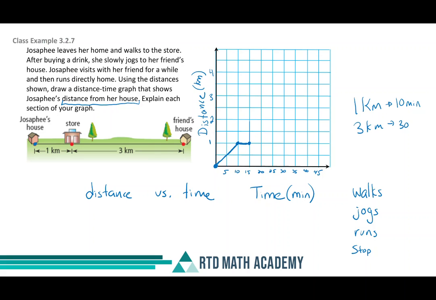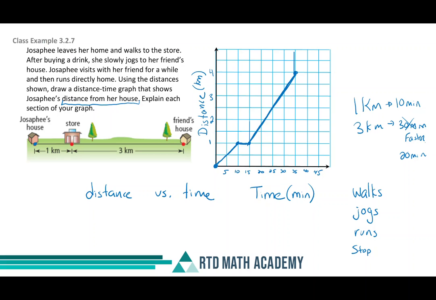It's not going to be 30 minutes, right? She's got to go faster than that. So maybe she makes 3 kilometers in 20 minutes. Okay. So if we're going to go 5, 10, 15, 20, and she's going to go all the way up to 4, then maybe we can see that that line is just a little bit steeper and she's jogging it.